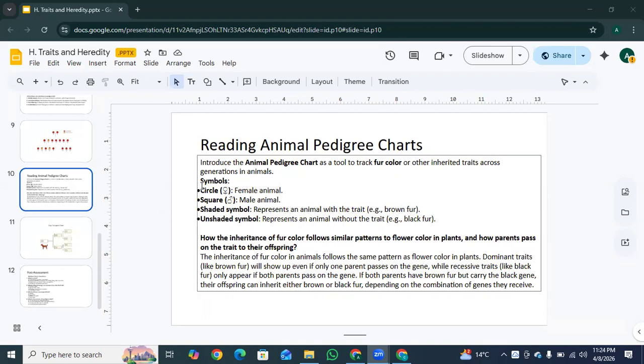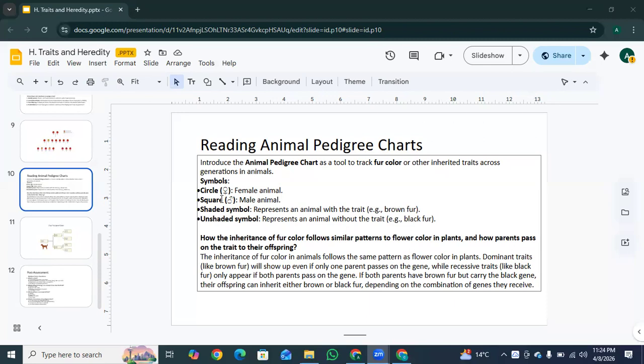So, here we have symbols. Circle is female animal, square is male animal. A shaded symbol, you can say a dark shape, represents an animal with a trait, for example, brown fur. An unshaded symbol represents an animal without the trait.